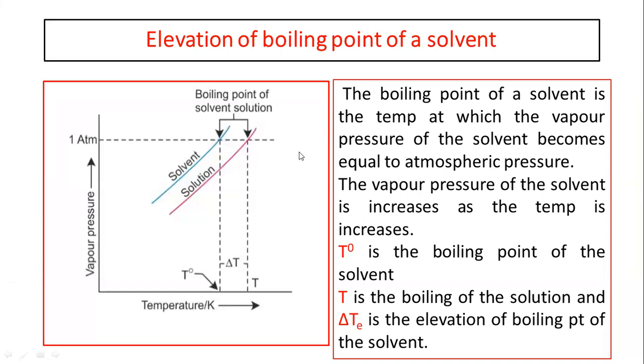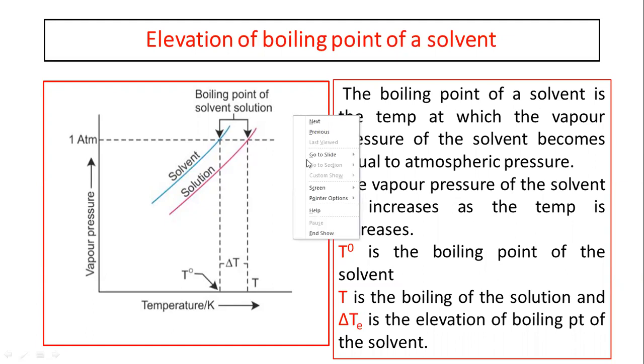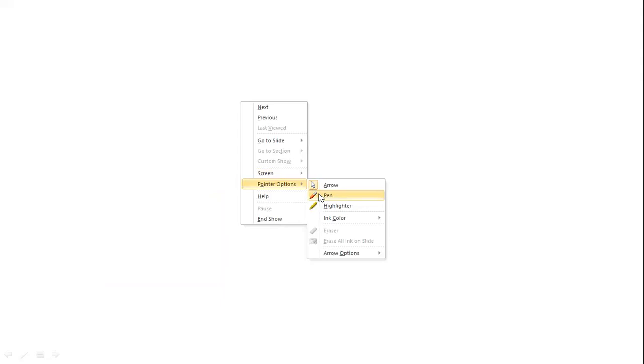Now what is the elevation of boiling point of a solvent? Elevation means rise in boiling point of a solvent. So let us see what is elevation in boiling point. To discuss this, let us take the example of water. Suppose we take water in a beaker and boil it.